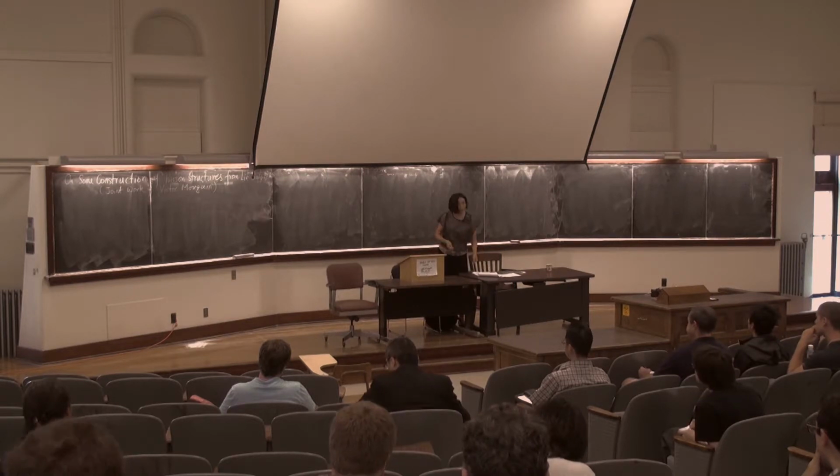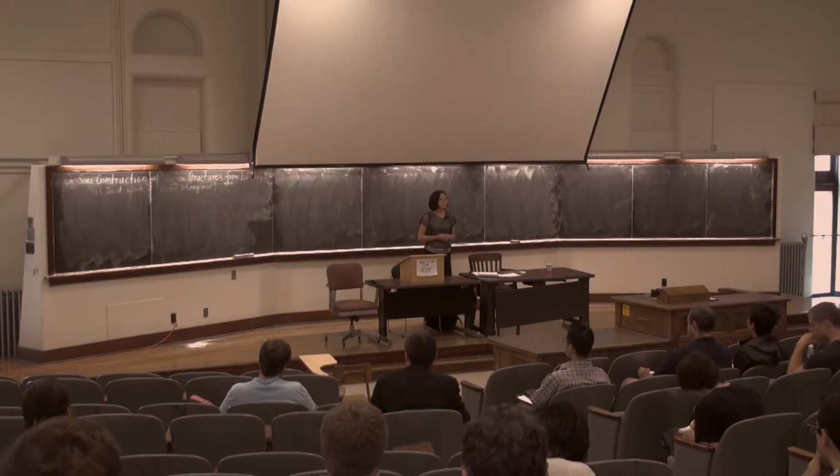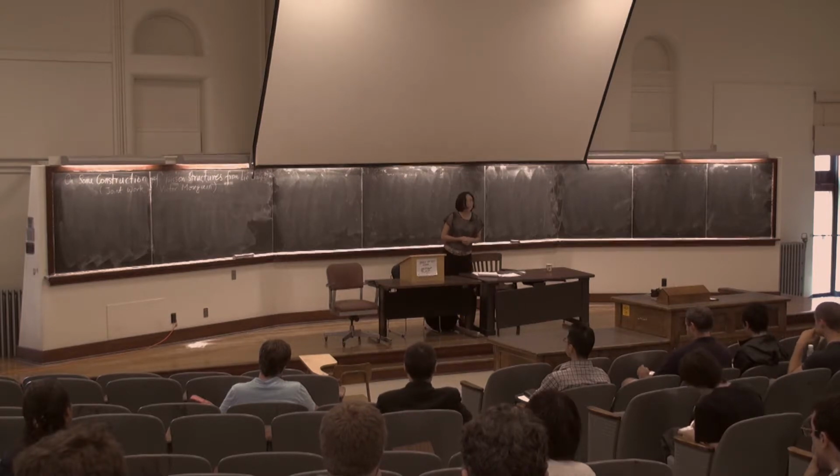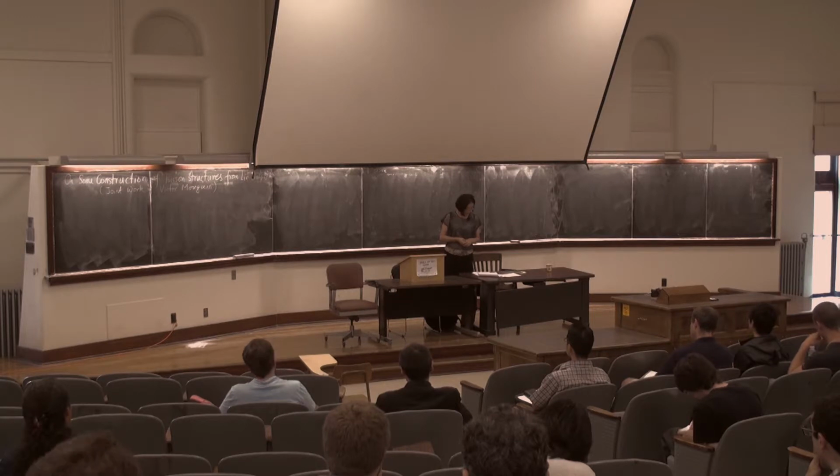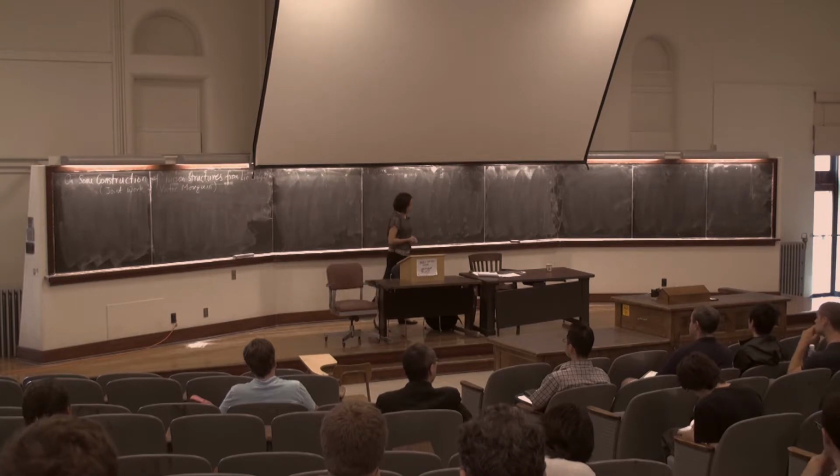As you all know, the theory of Poisson Lie groups and Lie bialgebras was discovered or started about 30 years ago by the Russian school, like Drinfeld and Semenov-Tian-Shansky and Alekseev, Reshetikhin and so on. So the theory has been there for 30-some years.